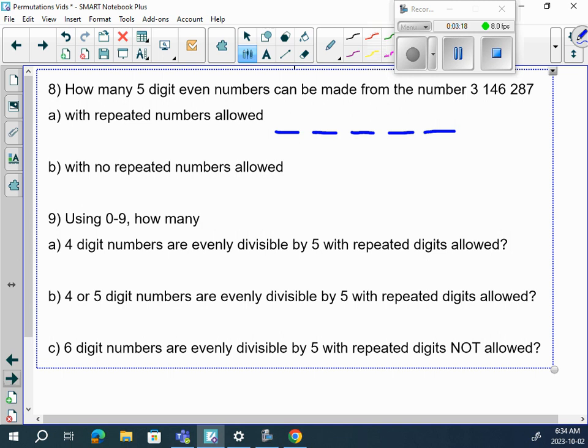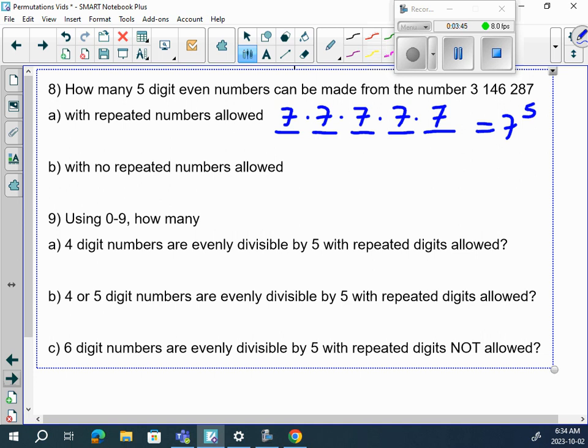And yeah, repeated numbers are allowed, so that one should be pretty straightforward. There are 7 different values that could be that first position. And the same thing for all the others. I can use that 3 all 5 times if I want to, or the 4 and so on. So there are 7 possibilities times 7, whatever 7 to the exponent 5 is.